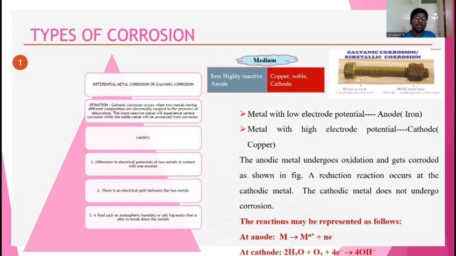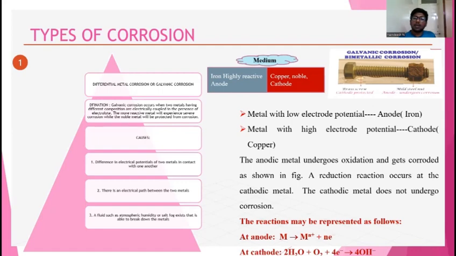Causes of differential metal corrosion: difference in the electropotential of the two metals in contact with one another; there is an electrical path between the two metals; a fluid such as atmospheric humidity or salt fog exists that is able to break down the metals.